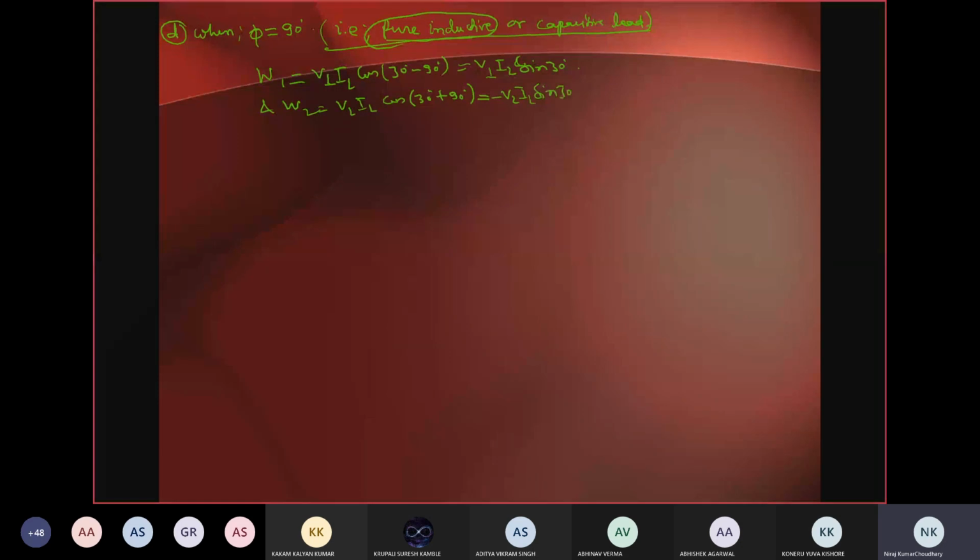So if we add the two readings, the total power measured in the circuit in this condition will be equal to 0.